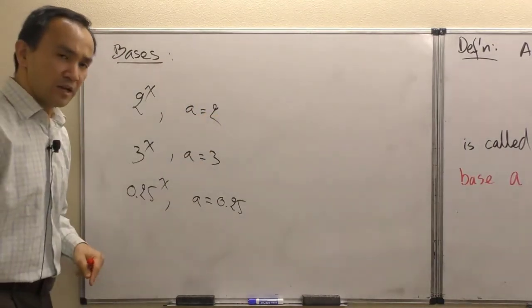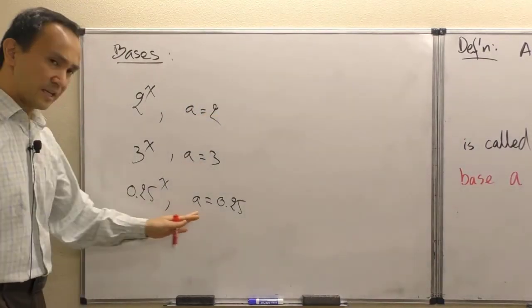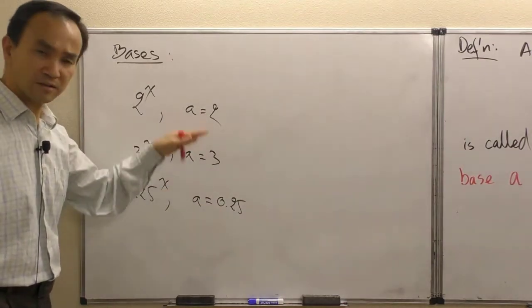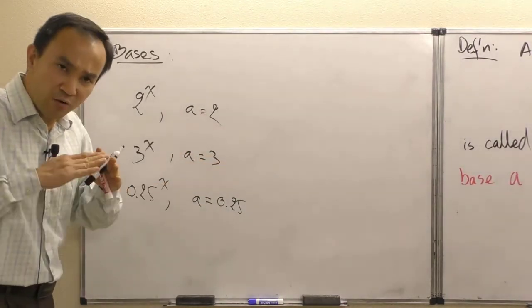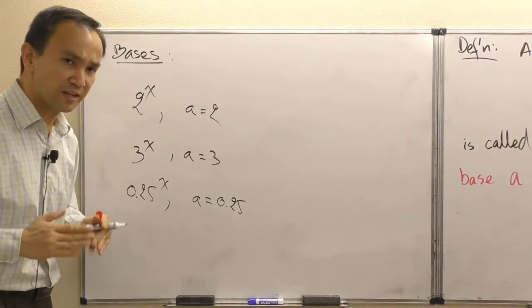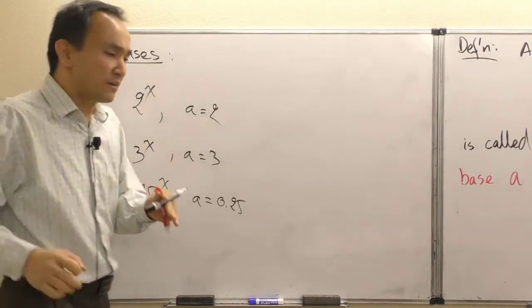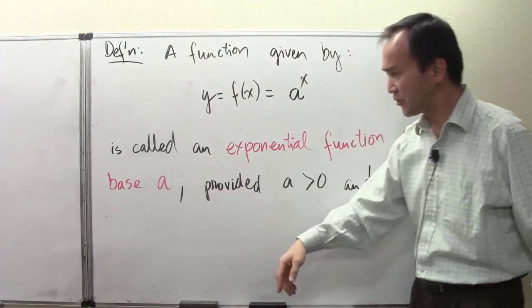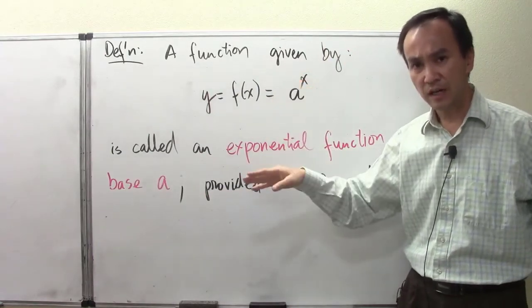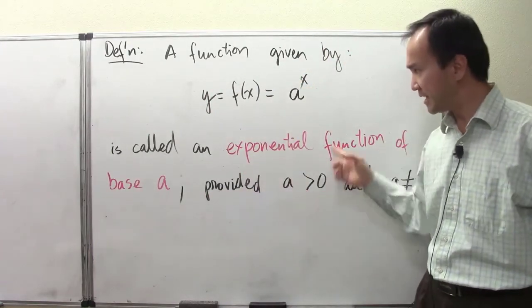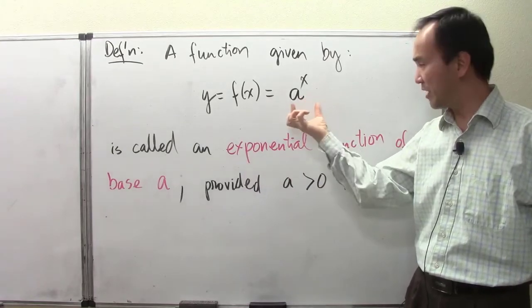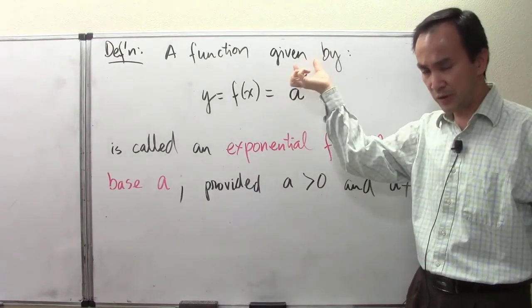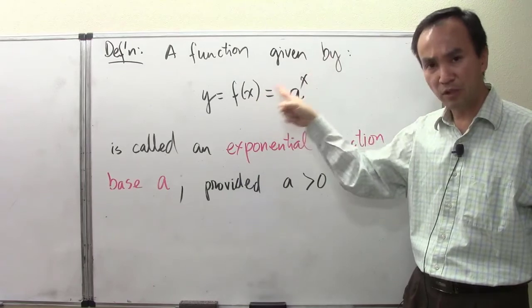Now you start seeing that nowhere in the way we define an exponential function does the definition require the base to be a whole number. All it says is that we are in the form where we have a constant base raised to a power, where the power is the input of our function.